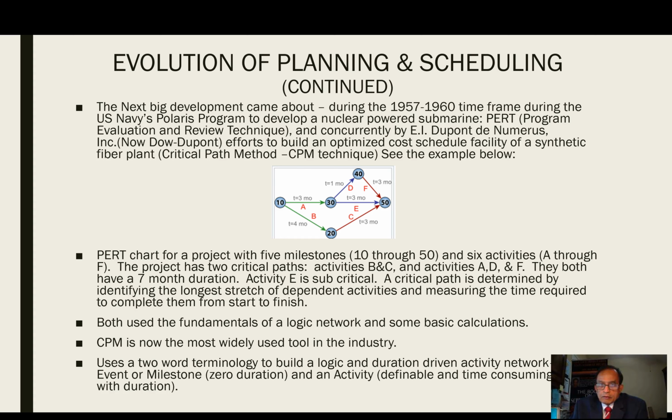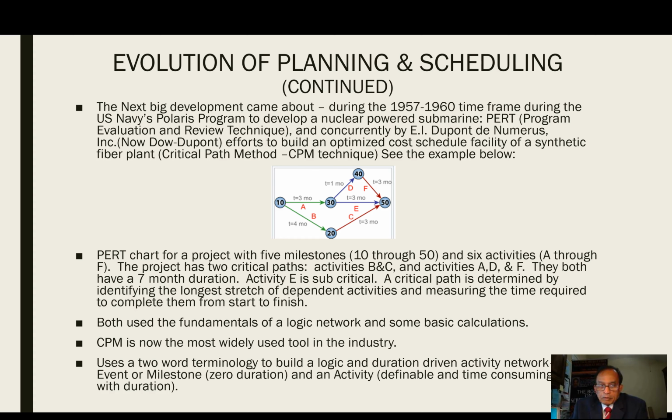And concurrently, the DuPont Corporation's efforts were to build an optimized cost schedule facility of a synthetic fiber plant, and that's when the critical path method, or the CPM technique, came about.